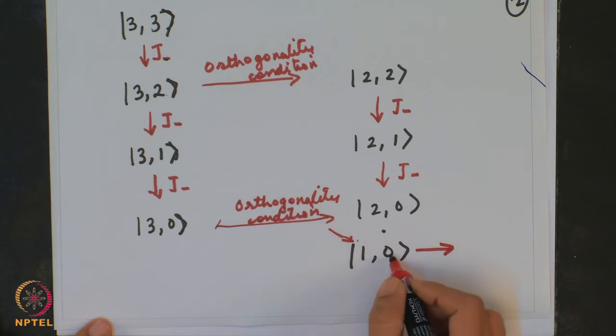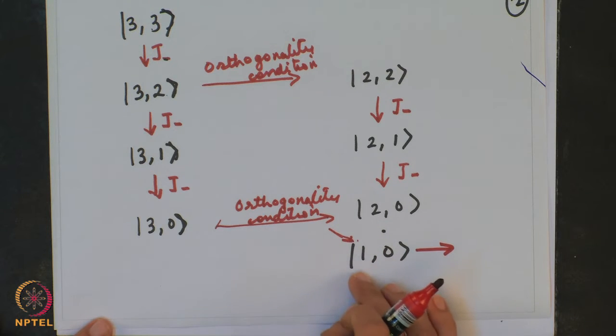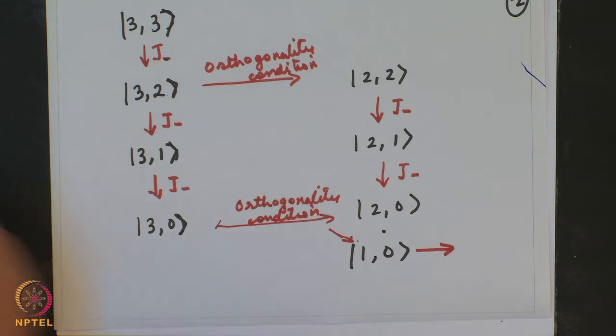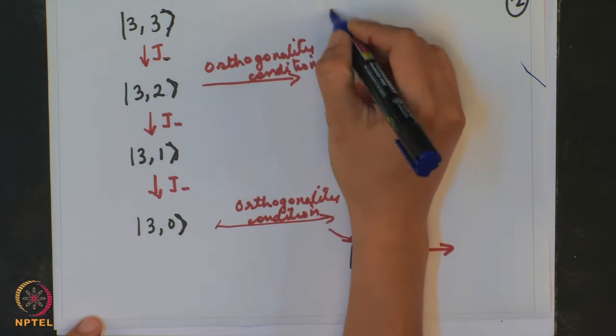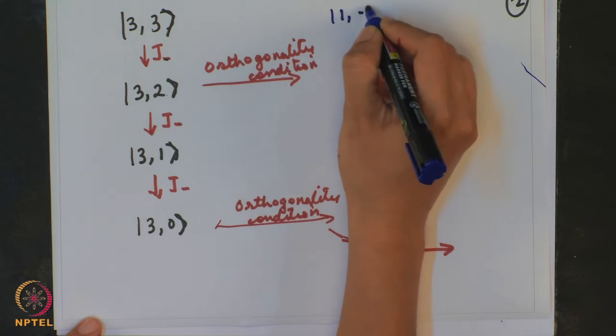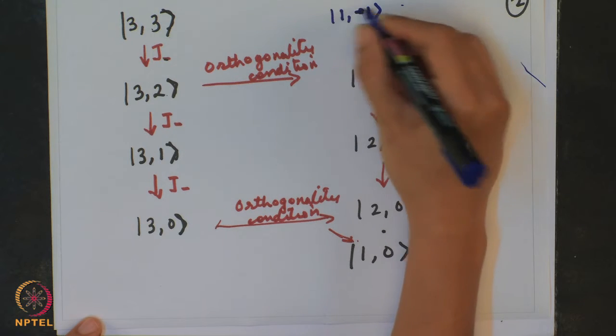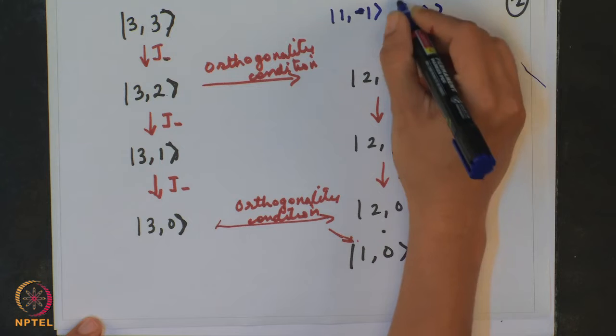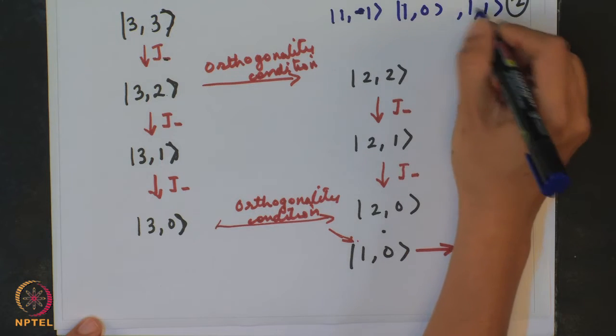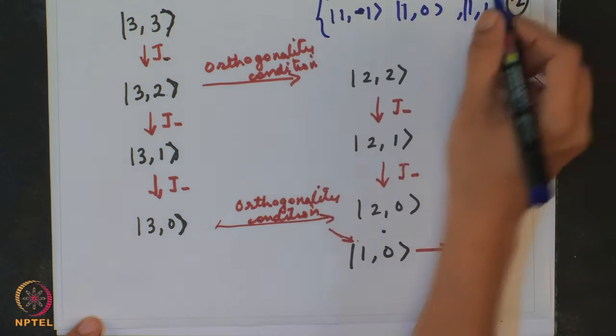You can obtain 1 1 because basically our idea is to obtain 3 states. What are the 3 states? 1 minus 1, 1 0 and 1 1. So, these are the 3 states we need to determine.